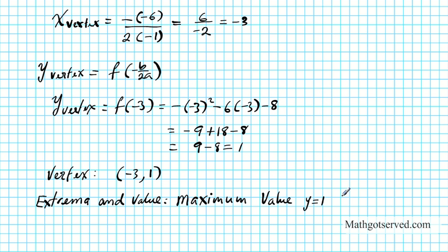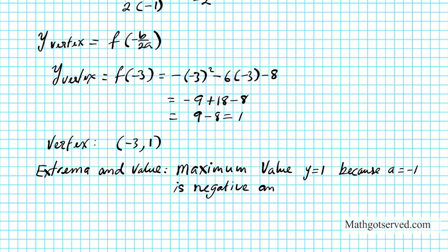So the reason is because a equals negative 1 is negative, and k equals 1, which is the y coordinate of our vertex.